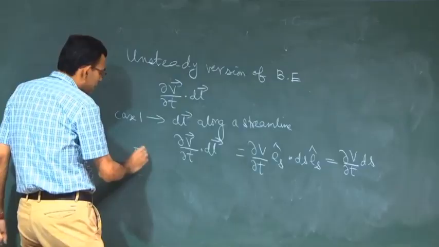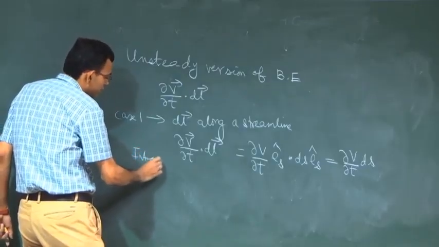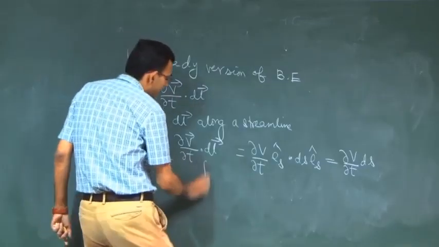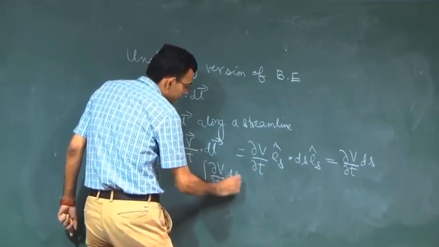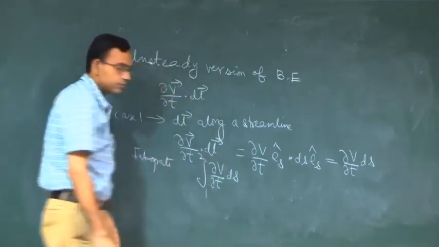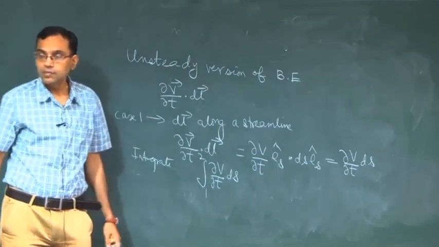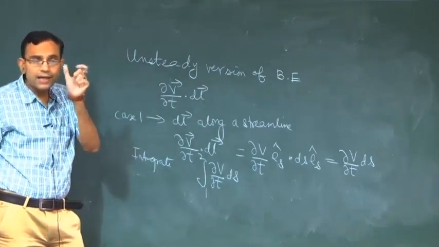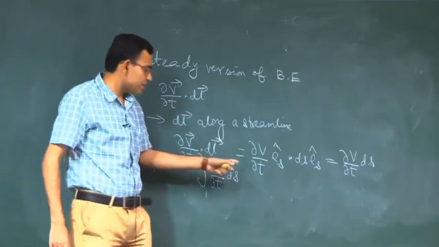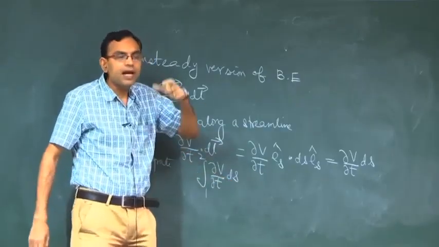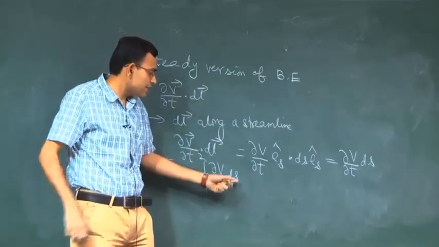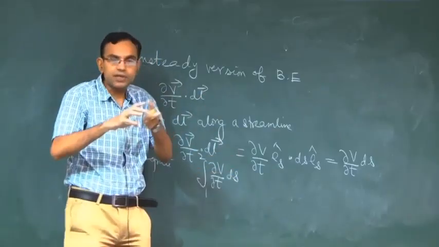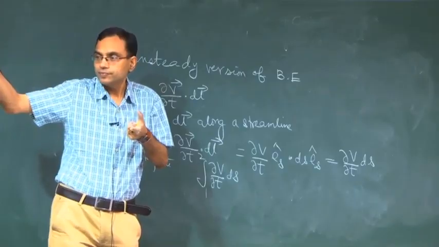So if you integrate the equation, it is a matter of adding this term. But one criticality is that because streamlines themselves may vary with time in an unsteady flow, this streamline coordinate might have shifted from one streamline to another.